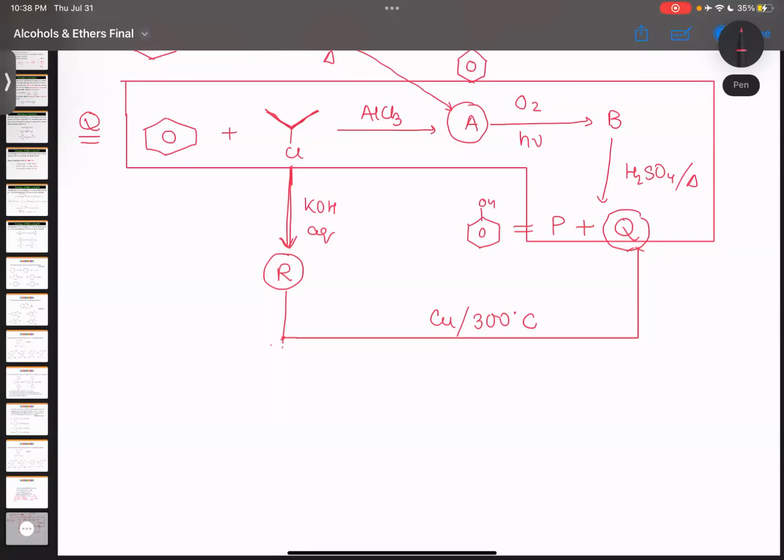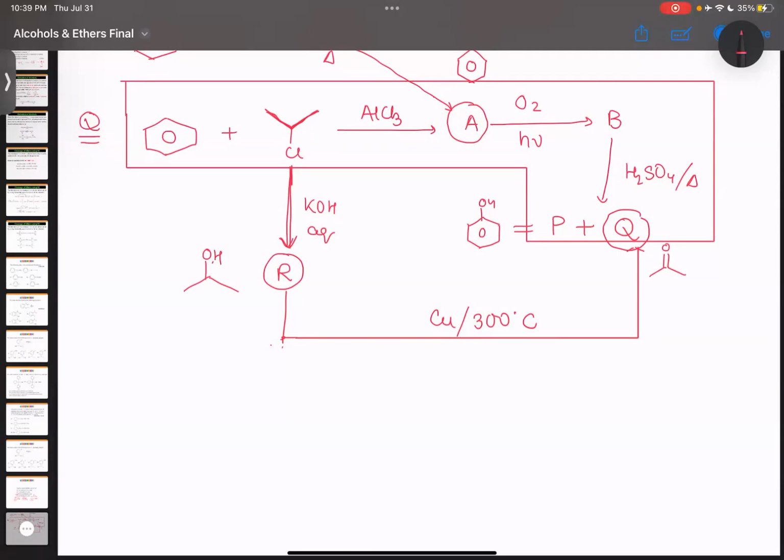So if we react R with copper at 300 degrees, exactly, we'll get acetone. So this is isopropyl alcohol, and the copper at 300 degrees, a red hot tube, will oxidize it to acetone. Q is acetone, and this confirms that Q is acetone and P is the phenol.